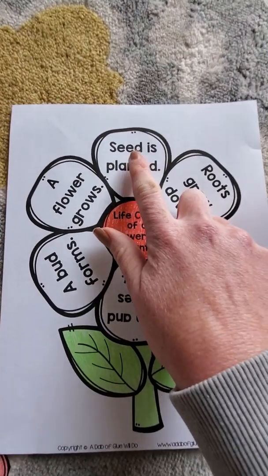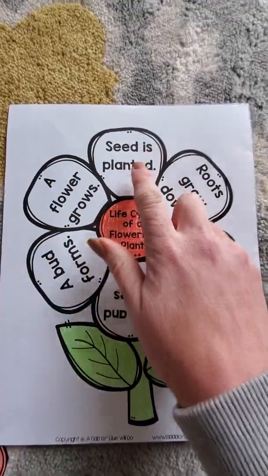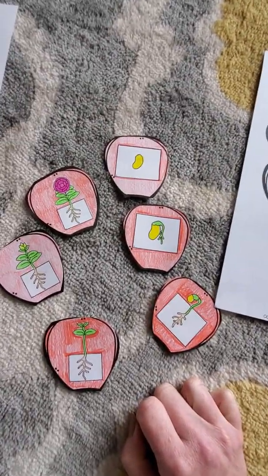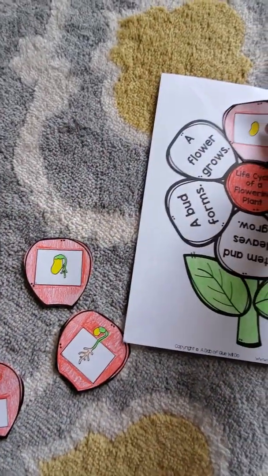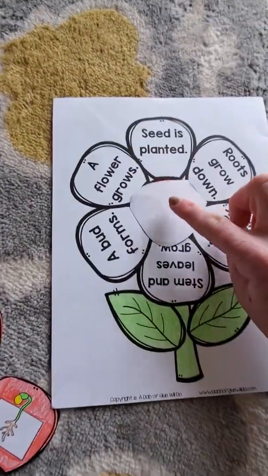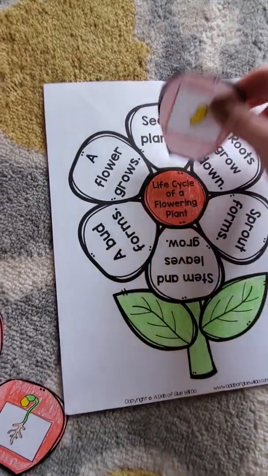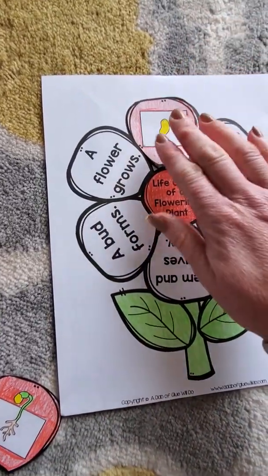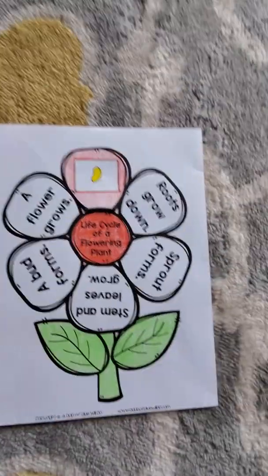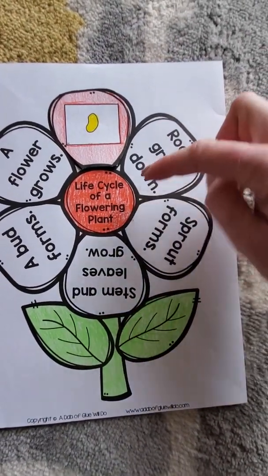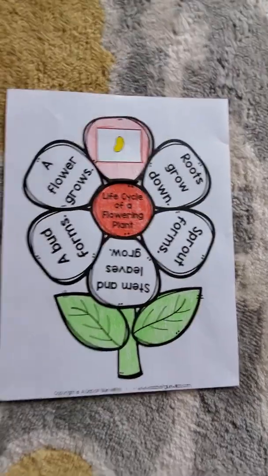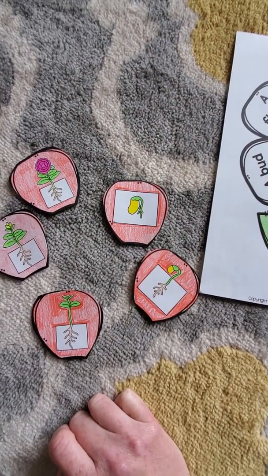So the first one says seed is planted. So we're going to look at our pieces and we know that this is our seed. So you can put just a dot of glue, not a lot, and glue it there. Okay. The next one says roots grow down. So where is the picture where the roots start to grow down?